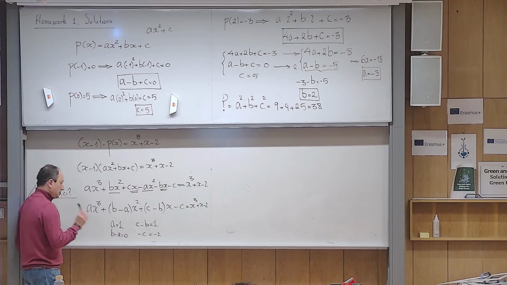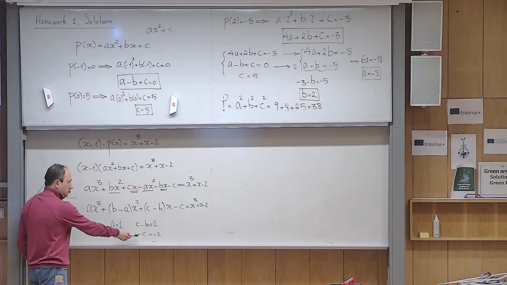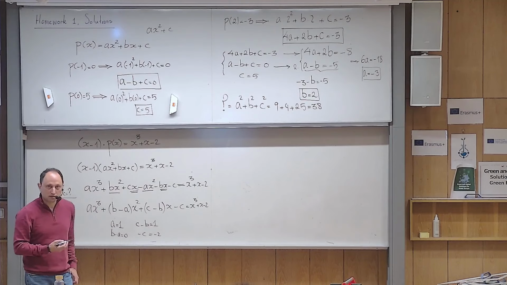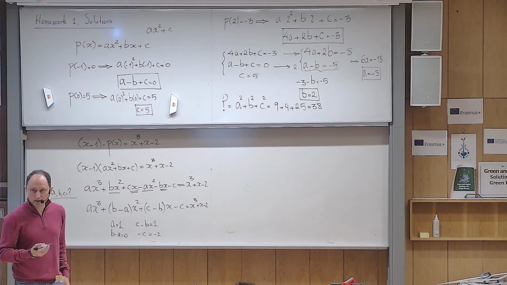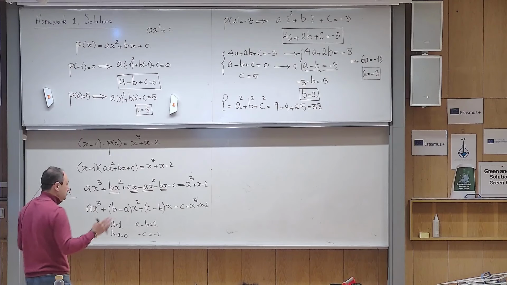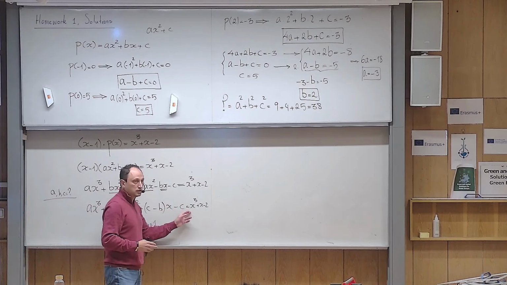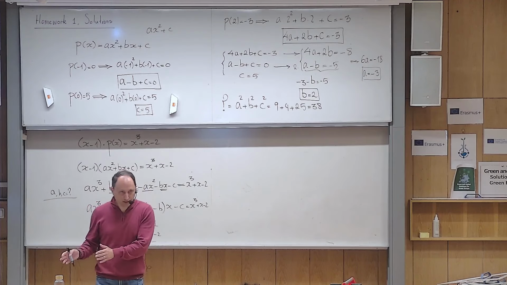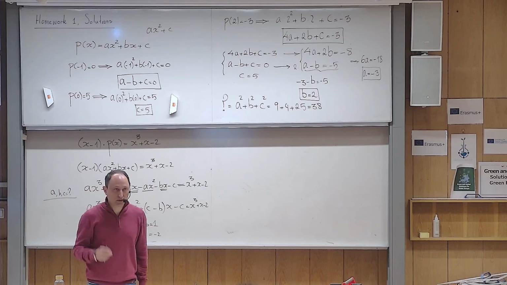If I choose these values, then the left-hand side matches the right-hand side identically, no matter what the choice of x is. And that is the whole point. Equality between polynomials doesn't mean an equation. It means identity. We want to make the left-hand side identical to the right-hand side.